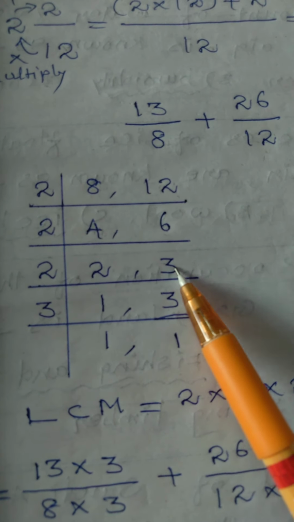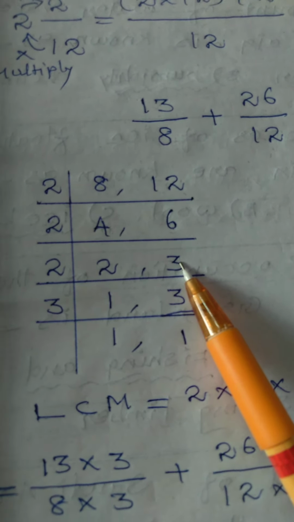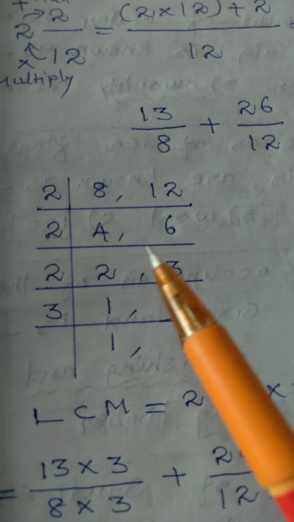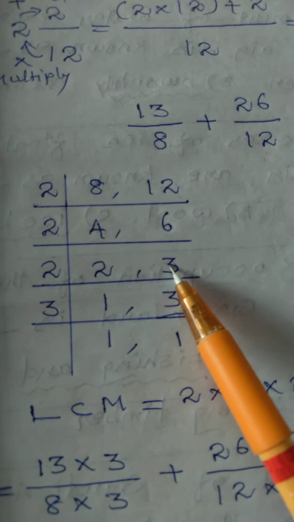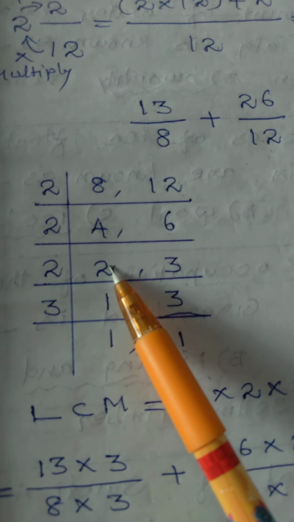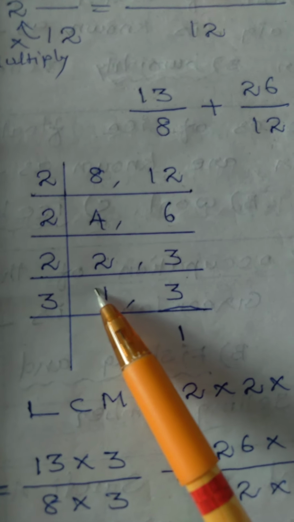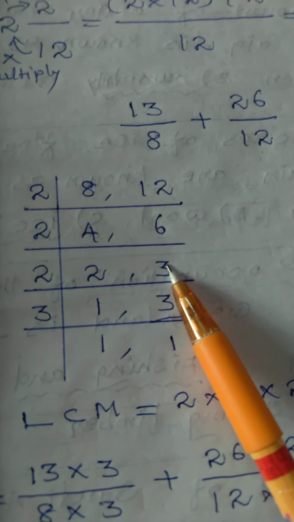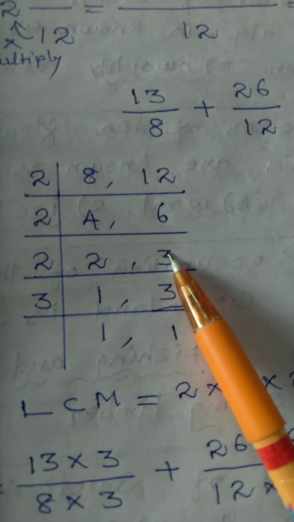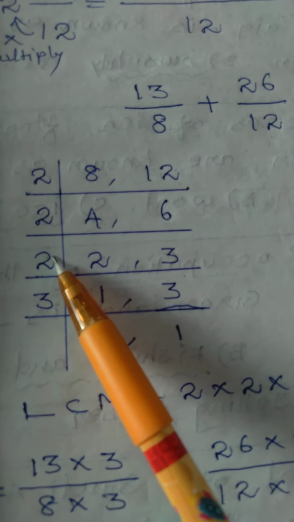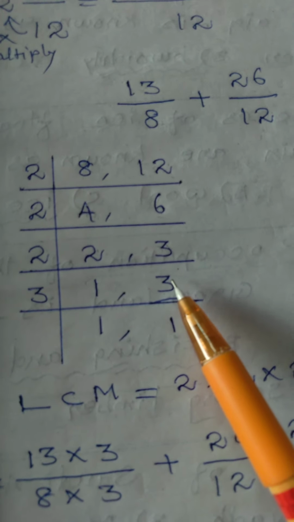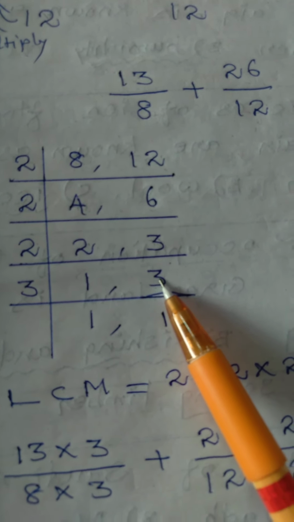Now 2 and 3 are there. Again we take 2 to divide these two numbers. 2 in 2 is 1 time. Next, 3 is an odd number, we can't divide 3 by 2, so we write the same 3 down.